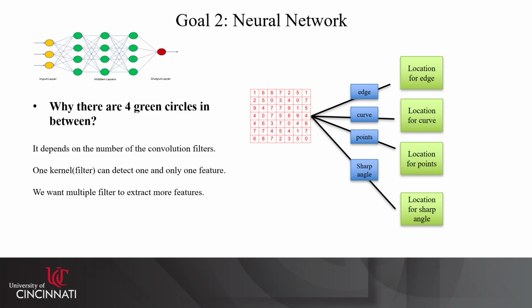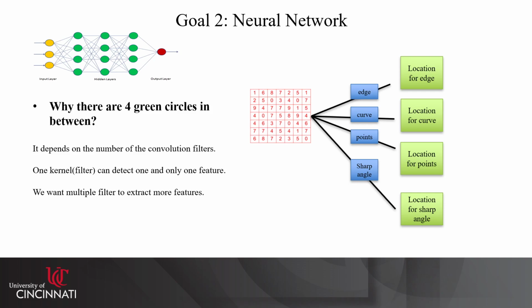That filter is only doing one computation, which is to take the intensity of the lower left corner and minus the intensity in the upper right corner. And that computation can only find one feature, which is the edge. In that case, it means if we have one filter, that filter can only detect one feature.